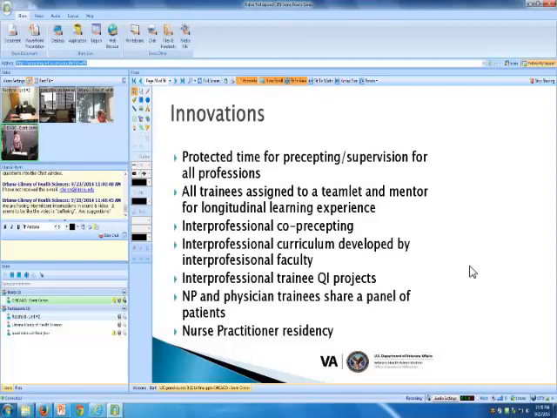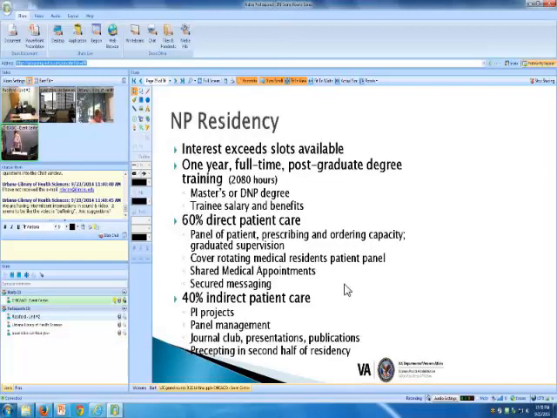And then all of our 5 sites have an NP residency, and I talked to Susan Corbridge earlier today, and the name residency has been a big issue.